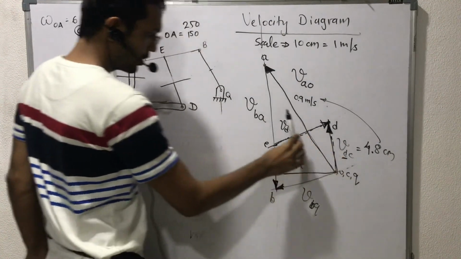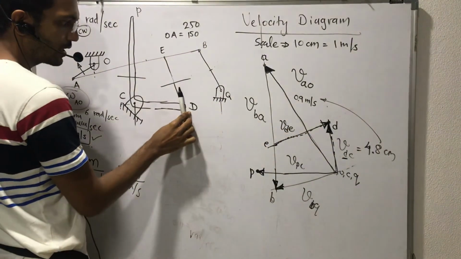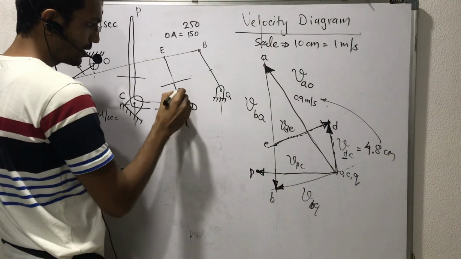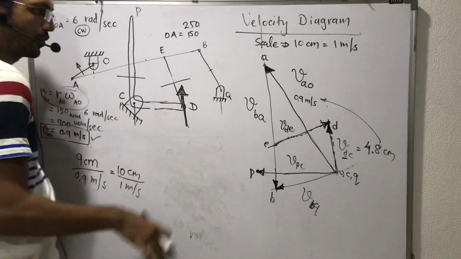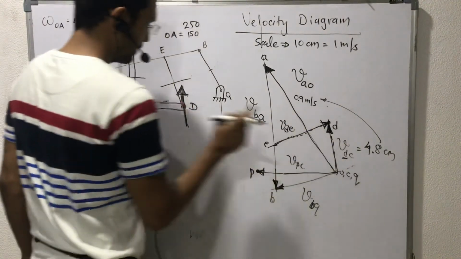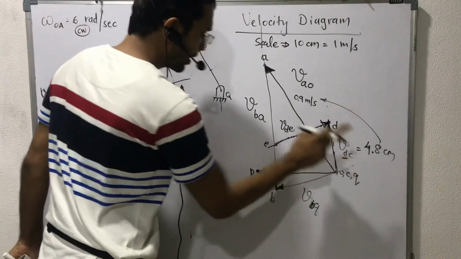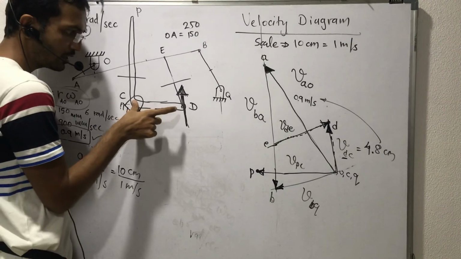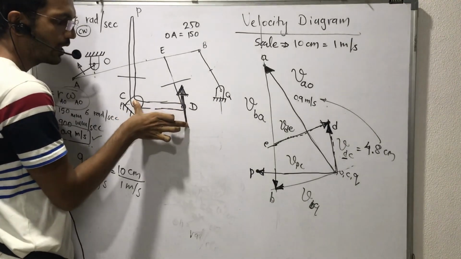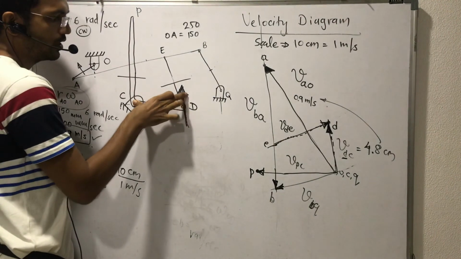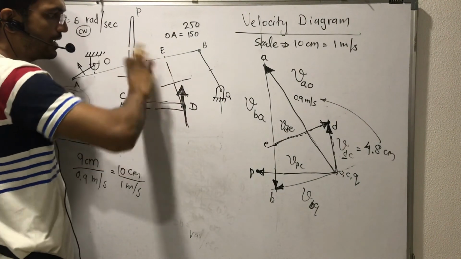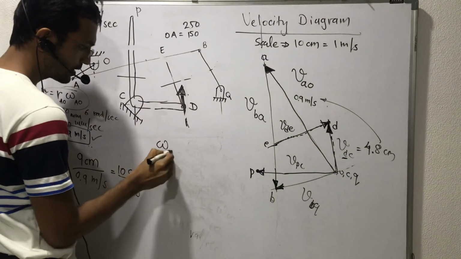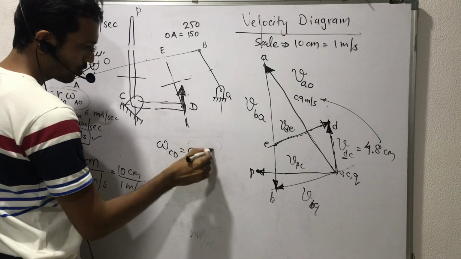So draw this arrow at point D, towards the upside: VD, the velocity at D with respect to C. Now keep your thumb at C because it is with respect to C, so C will be fixed, and rotate this arrow. The arrow is in the anti-clockwise direction. So the answer of omega CD will be counterclockwise.